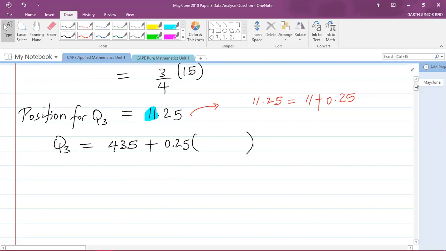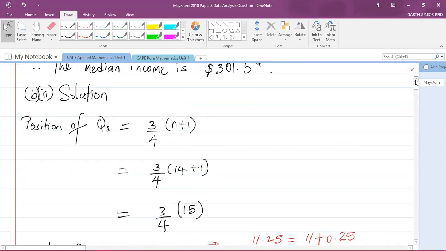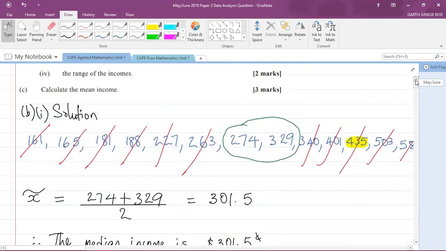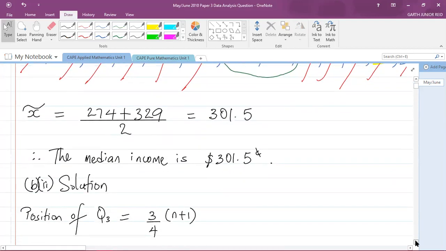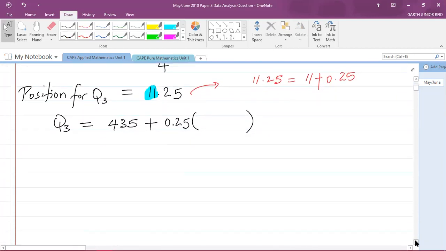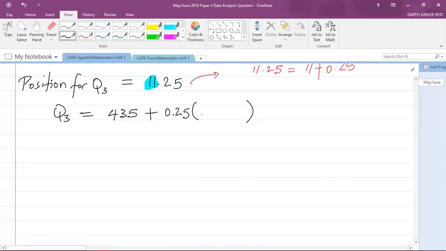Let's go back up here. The number which comes after 435 is 503. So I'm going to take that 503, put it in the brackets, minus the 11th position, which is 435.